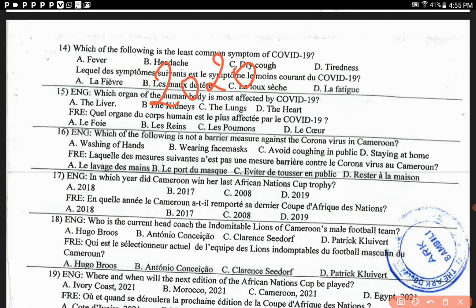And in 2020, the head coach was Antonio something. Yes, it's Antonio Conceição, something like that.